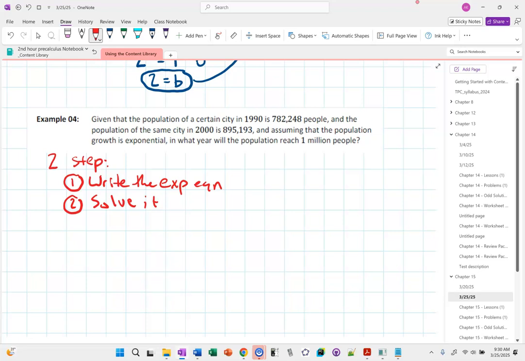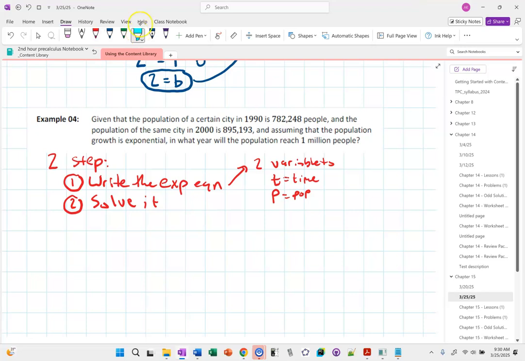Everybody's okay with that? So to write my equation, I need to identify my two variables. I'm going to use T for time and P for population. Everybody's okay there?